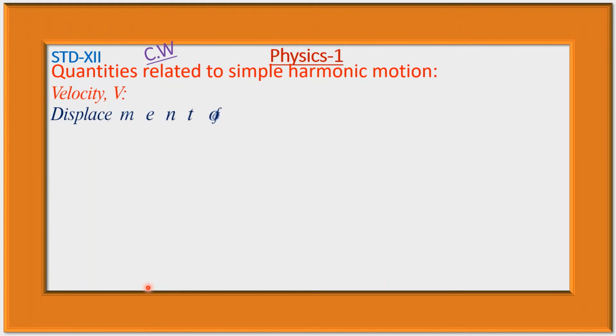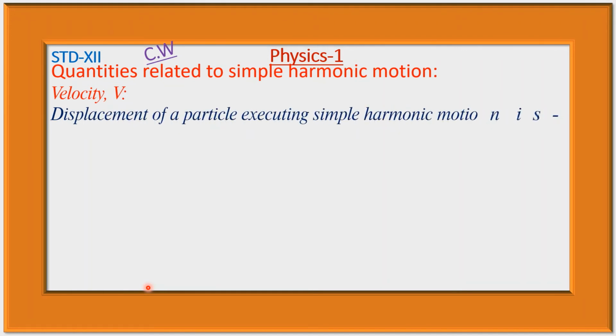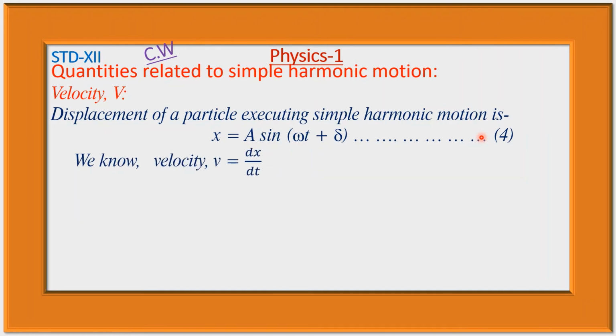Velocity v. The displacement of a particle executing simple harmonic motion is x = a sin(ωt + δ). This is the solution of the differential equation. We know velocity v = dx/dt. If we differentiate the displacement with respect to time, we get velocity v.